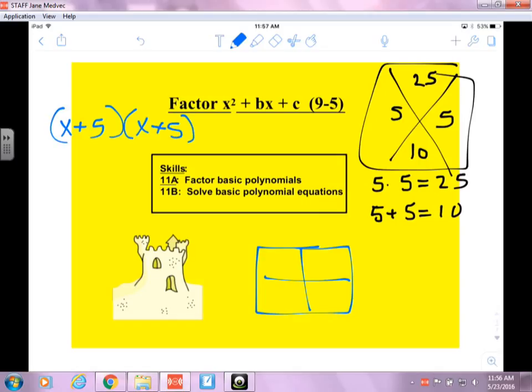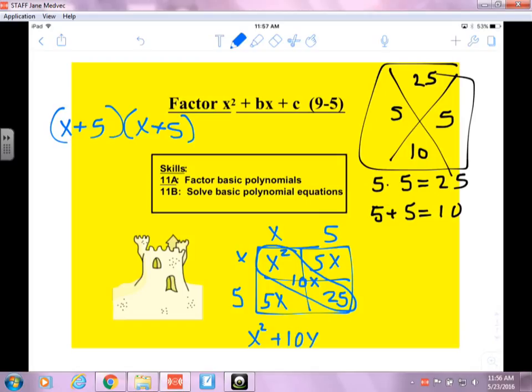I did x and 5, and x and 5. x times x was x squared, and x times 5 gave me 5x, and then I had another 5x, and then 5 times 5 is 25, and that middle term was 10x. So my answer was x squared plus 10x plus 25.